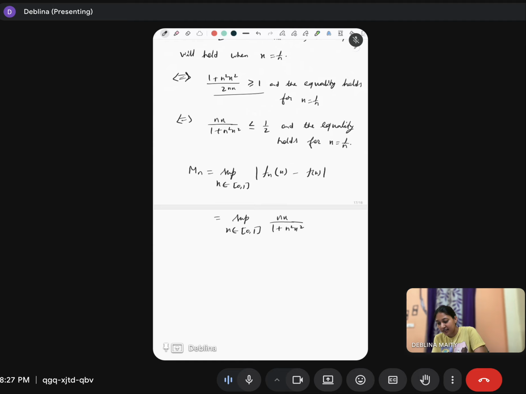And we have seen from this observation that this number is less than or equal to half, and equality holds for x equals to 1 by n. Now x equals to 1 by n lies in between 0 to 1, right? So equality will hold in this 0 to 1. So supremum will be attained, and supremum value is half.